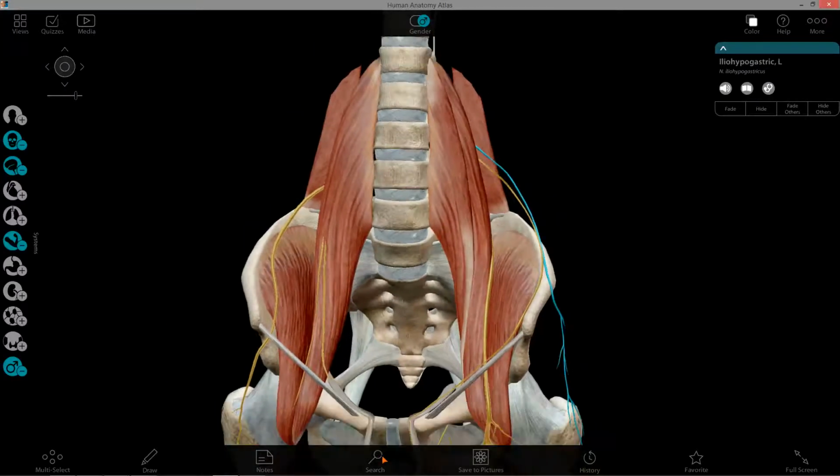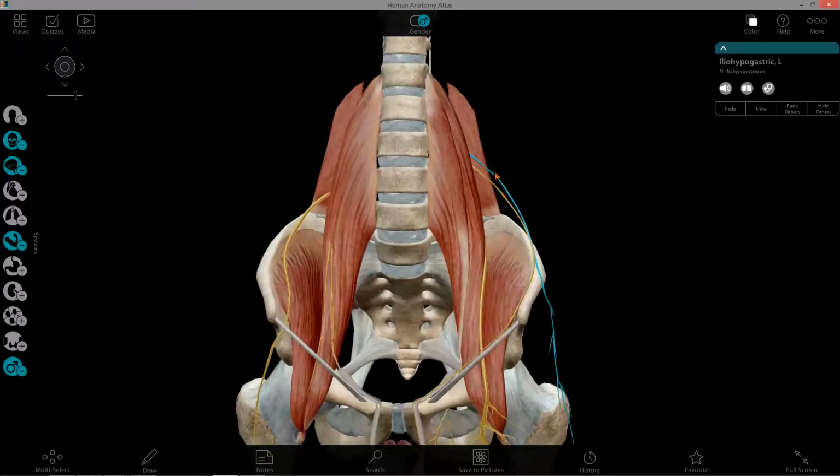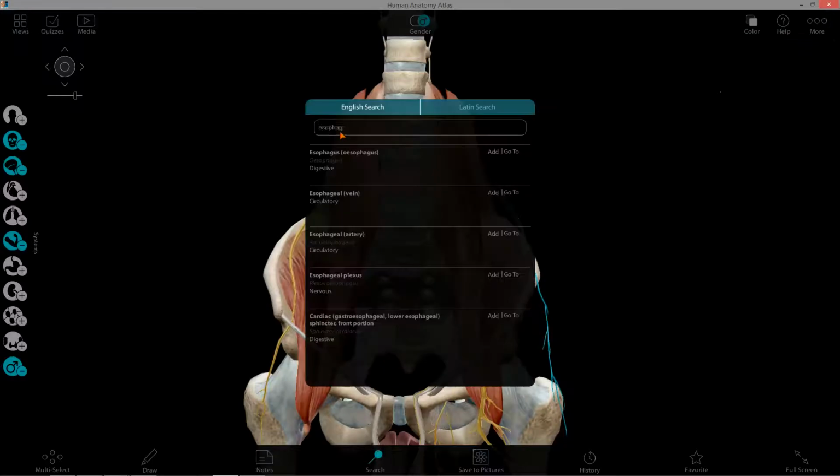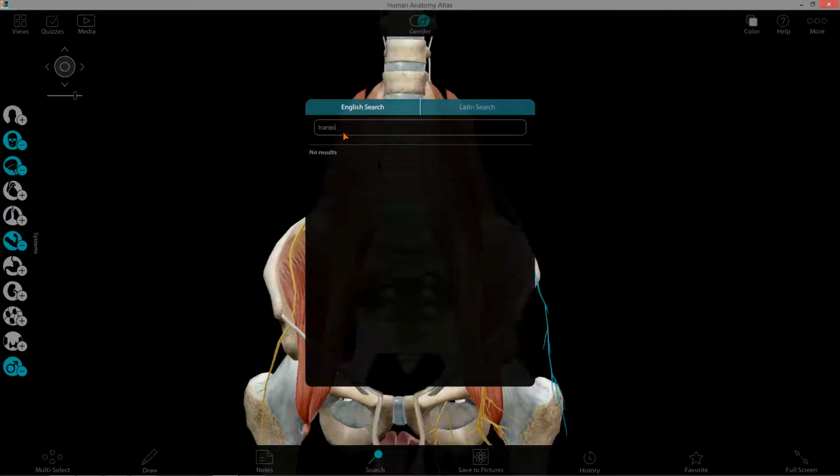A couple things I'm going to add real quick here, just to show you exactly how these traverse the lateral wall of the abdomen, are the internal obliques and the transversus abdominis muscles. I'm going to start with transversus abdominis on the left side.